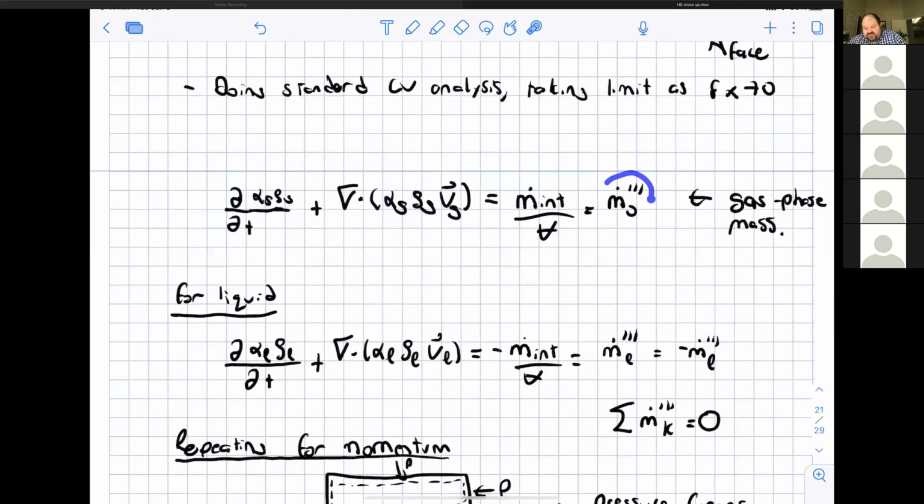And of course, due to phase change, you have mass exchange. You can have mass from the liquid side changing phase and going into the mass of the gas phase side. And so that is what this term means here.